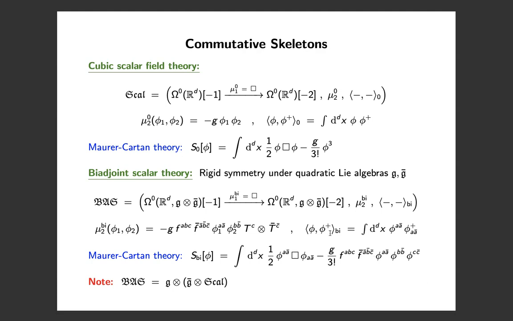And the thing to note, and I had this on a few slides ago, is that this L infinity algebra factorizes into a product. So if we start from this L infinity algebra scal up here for the ordinary cubic scalar field theory, then this L infinity algebra is just the tensor product with these two Lie algebras and this L infinity algebra up here.